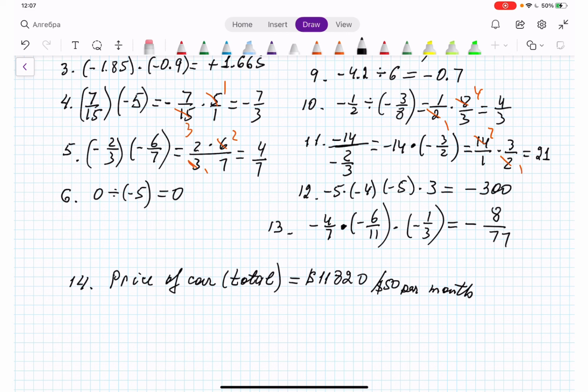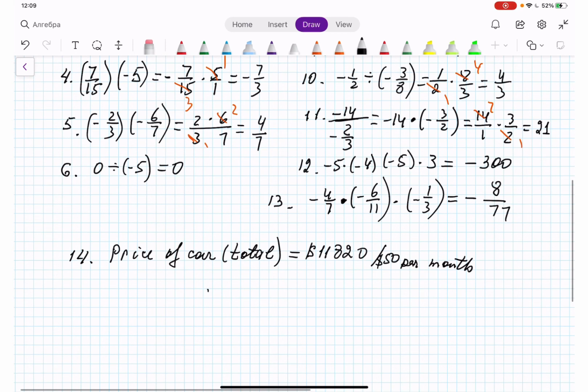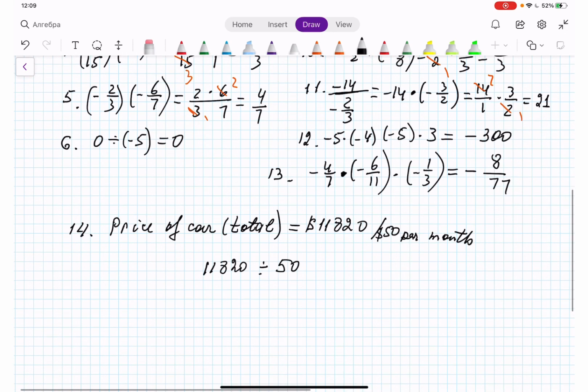If we need to divide the entire payment, we are going to divide by 50. So, how much is the monthly payment going to be? Her monthly bill is going to be 11,820 divided by 50. So these zeros I can drop on both sides, so I will get 1182 divided by 5.